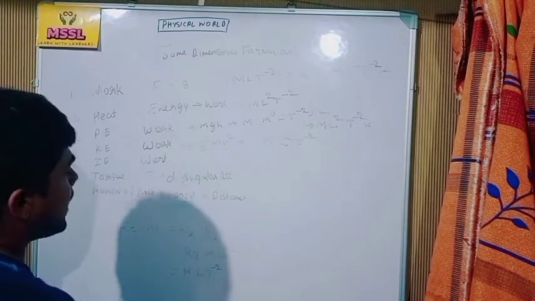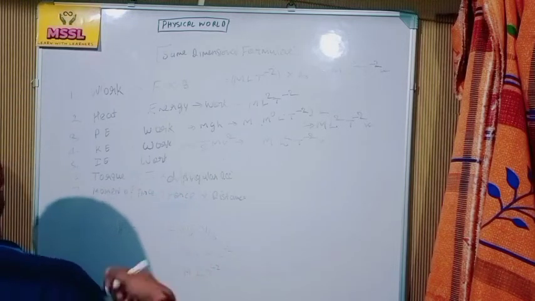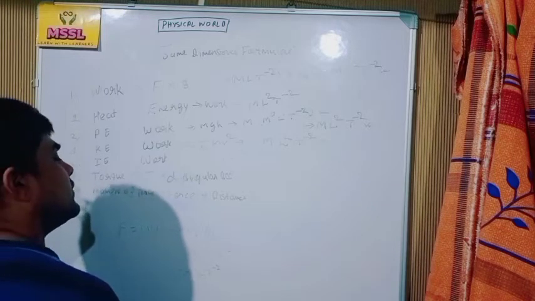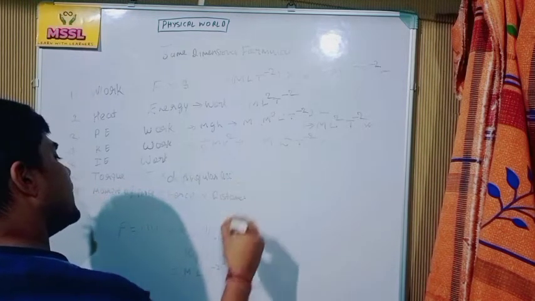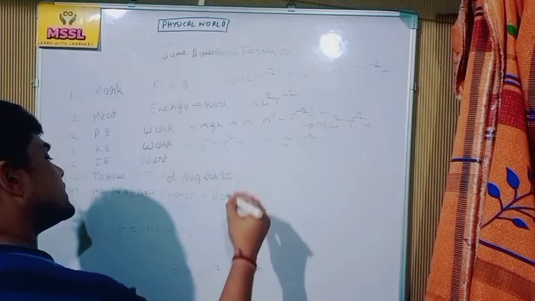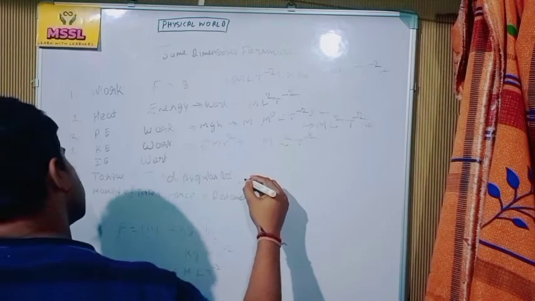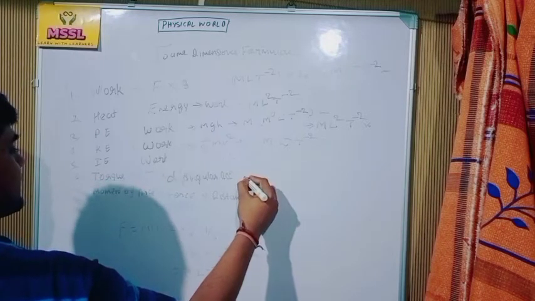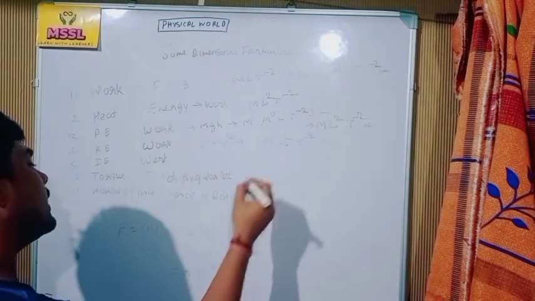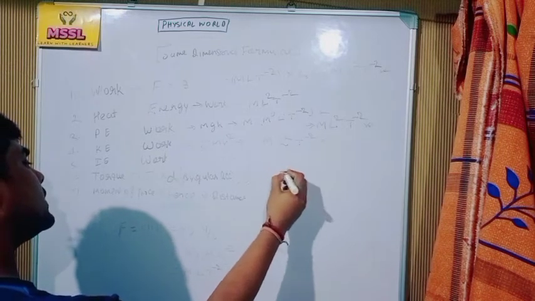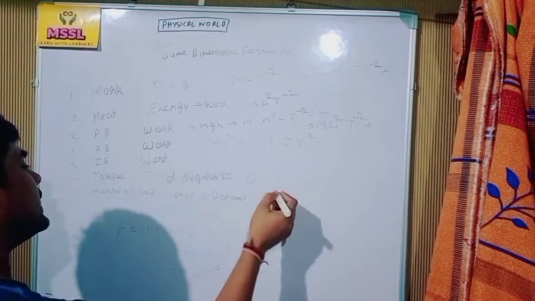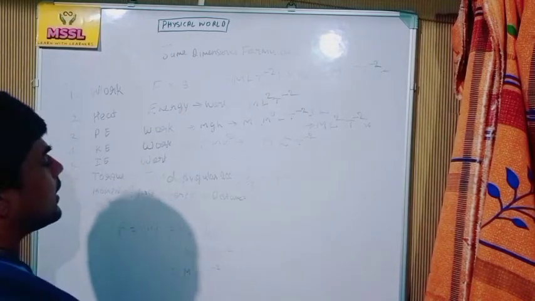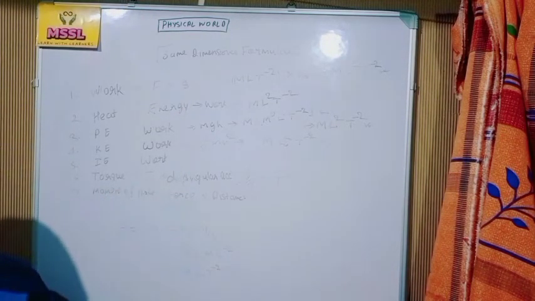Okay. Now for the torque. So for the torque, again, the angular acceleration. So what is the angular acceleration? Angular displacement, which is 2 pi, and for frequency you know that it is 1 by T, and again T, so it is T square. And now for I, so what is I?